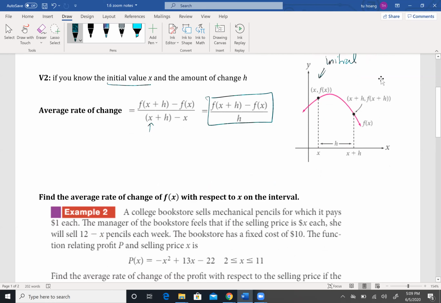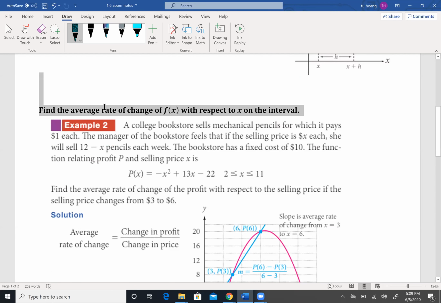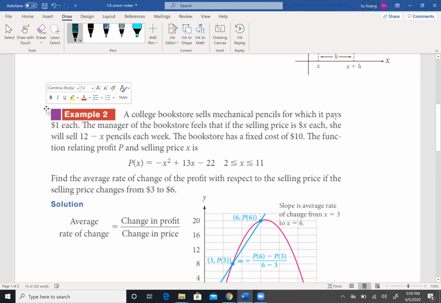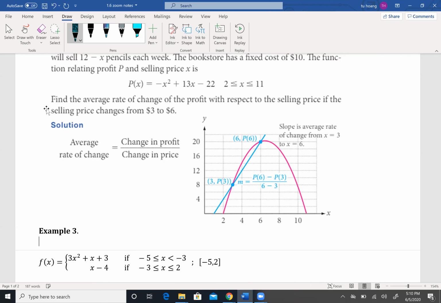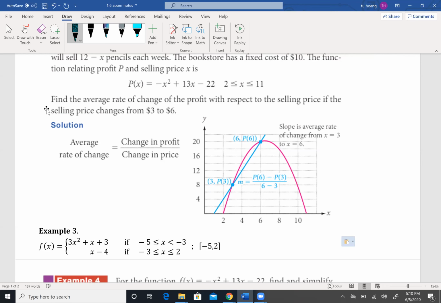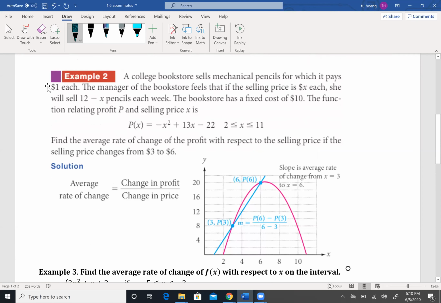So let's do some examples. This goes together with example 3. Now let's talk about example 2 in the text. A college bookstore sells mechanical pencils for which it pays $1 each.